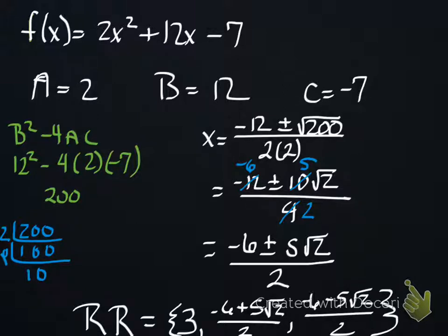And probably what happened on the other one, at the negative 3, is if you would have done synthetic division, you would have ended up with a nonzero remainder. And these are your factors.